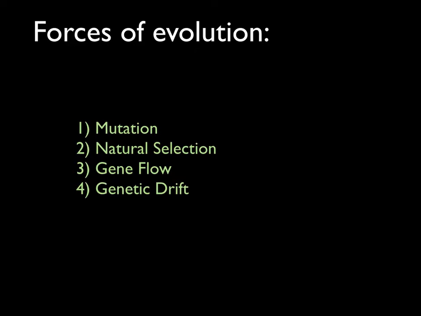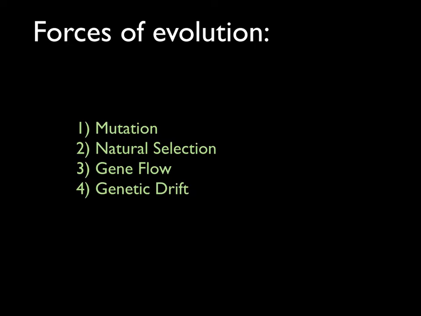One way this can happen is with mutation. Something happens within the genetic code of several individuals where their short alleles mutate into tall alleles, or tall alleles mutate into short alleles, and that changes the frequency of these different expressions of the gene, which we'll see as a change in phenotype. So we might get a change in the population due to mutation.